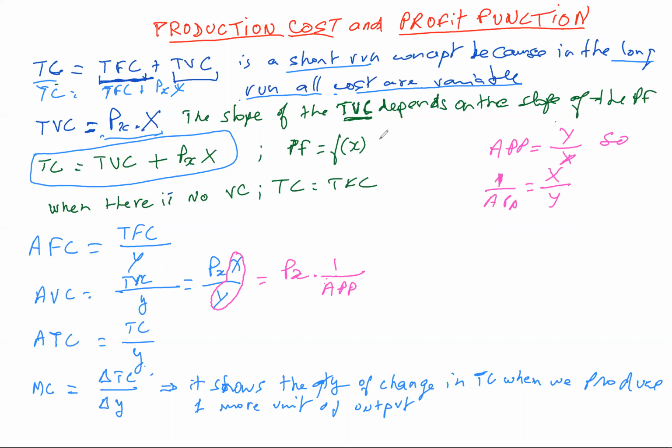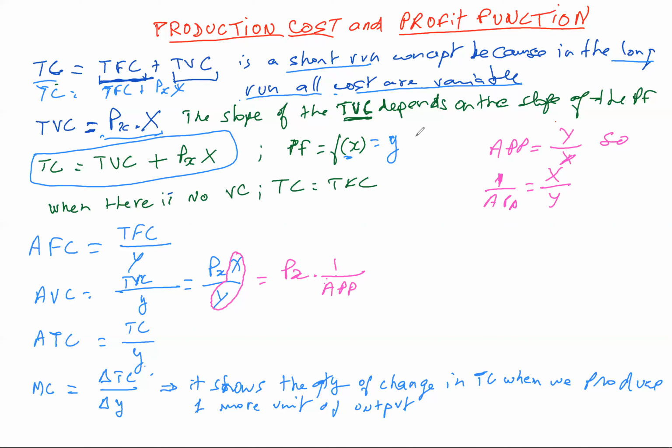Okay, so we can express total cost like this. The production function, y is a function of x. You know that, right? But we'll see on the next page that we can also write x as a function of y.